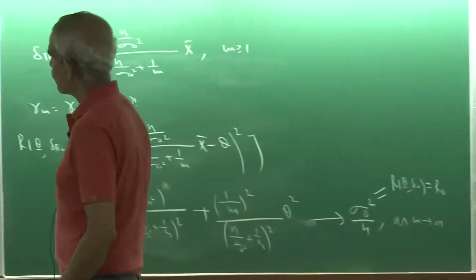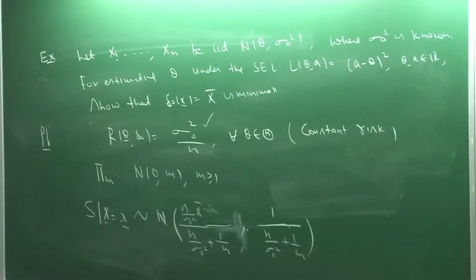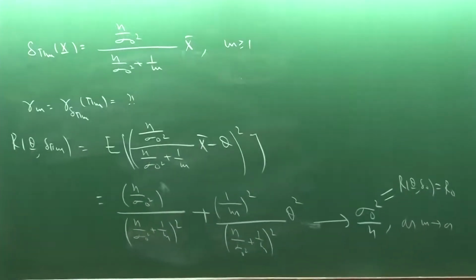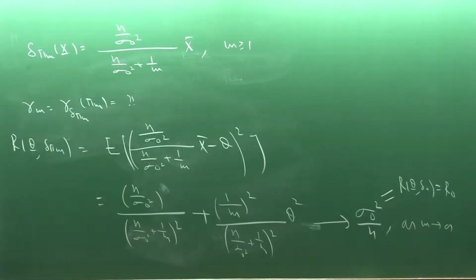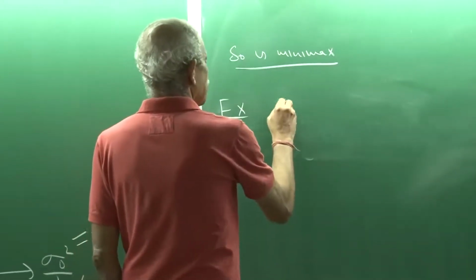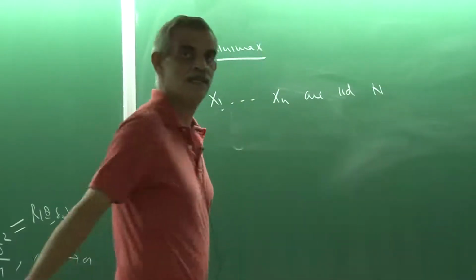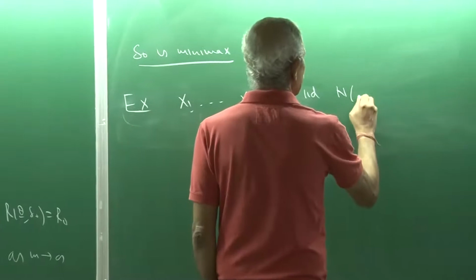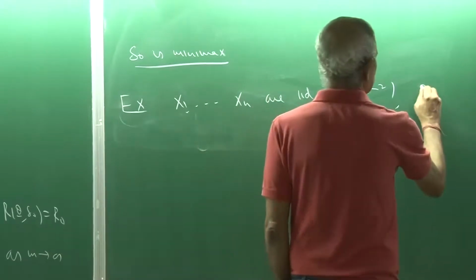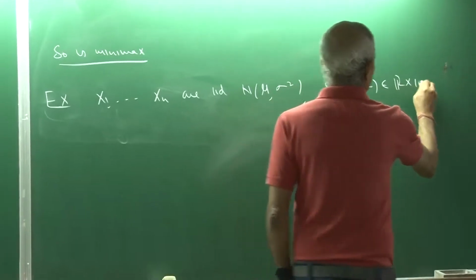All right. So this simple application, you can apply this result in a variety of situations. Now let me do the following result. Let x1, x2, ..., xn be IID normal mu sigma square, where theta is equal to mu sigma, which belongs to R cross 0 to infinity.